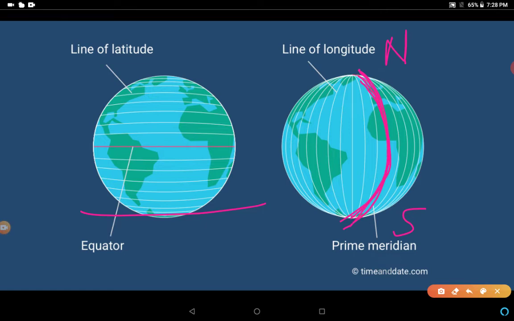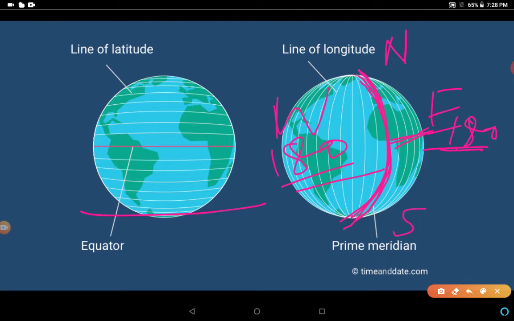And how many longitudes? 180, right? These are the total number of the longitude lines. But 180 degree, all these kinds of eastern and western, this is eastern part, this is western part, because the prime meridian divides the earth into two equal parts, eastern and western.